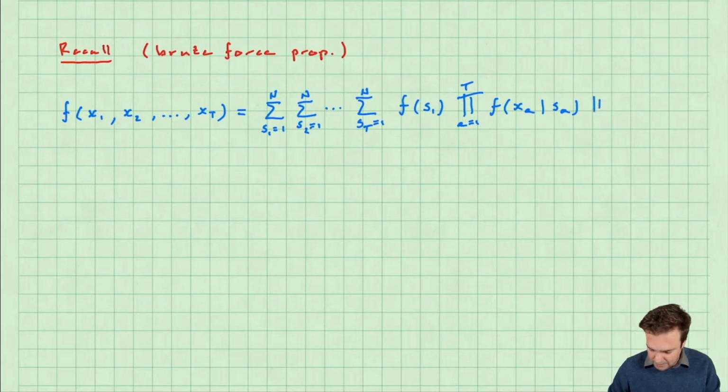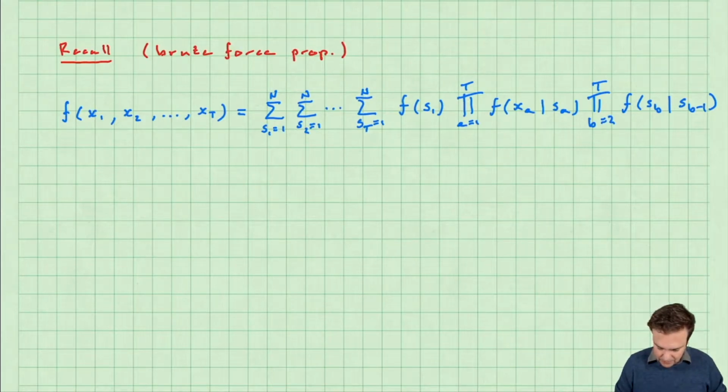And then another product here, starting at 2. Sorry, this should be B. B equals 2 up to T of a one-step transition, say S sub B given S sub B minus 1. This is why it starts at 2.